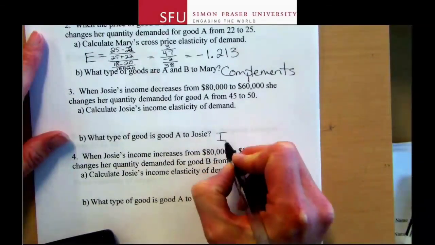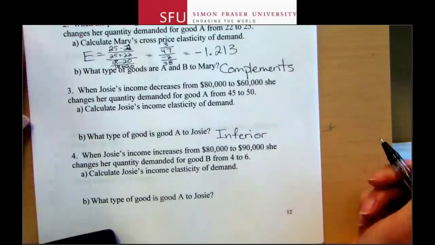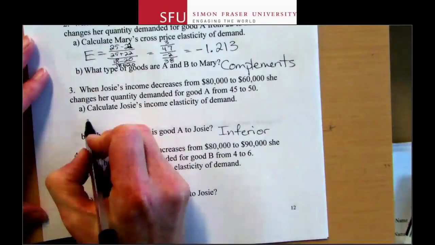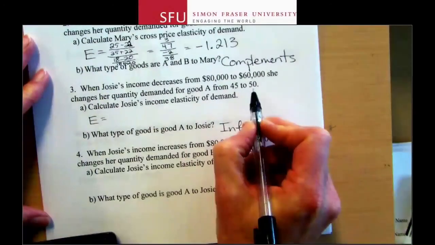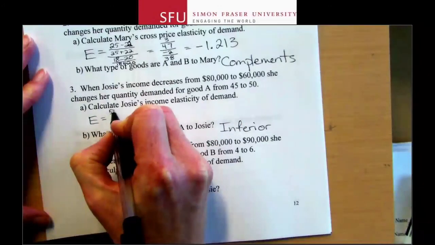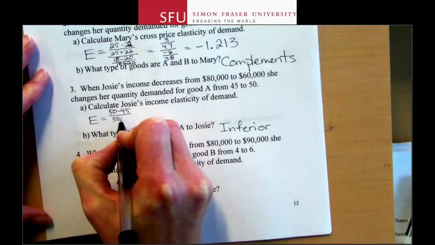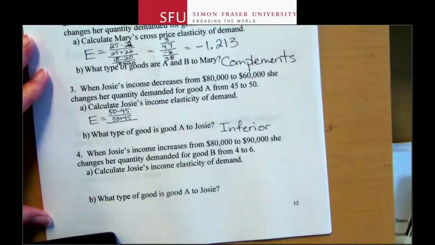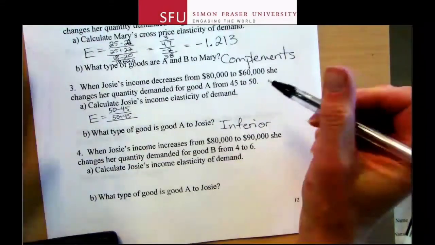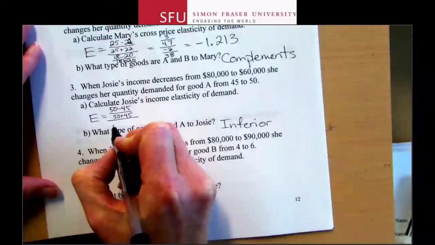So this would be inferior. So we should get a negative result then. Okay, so elasticity. Okay, so on the top, quantity change, so Q2 is 50. And then on the bottom, the income change, and the I2 is 60 and the I1 is 80.